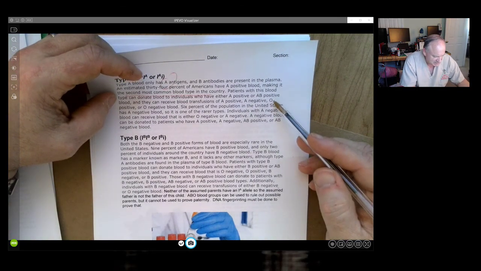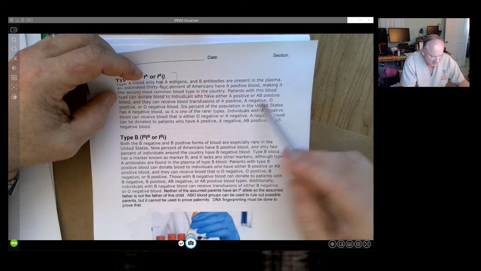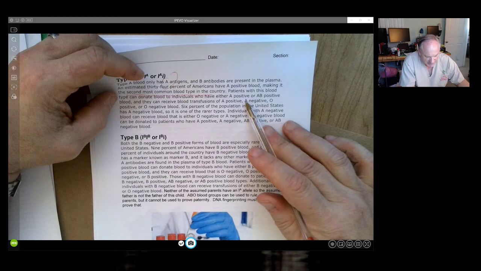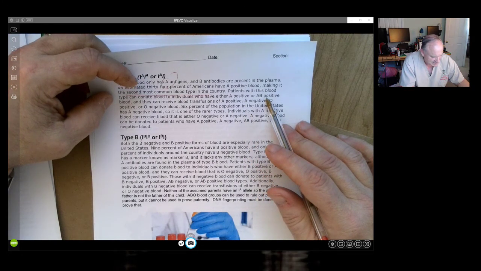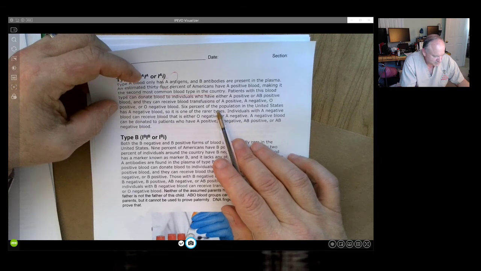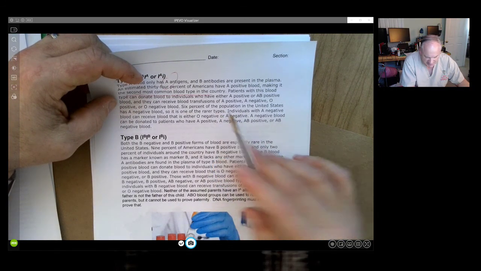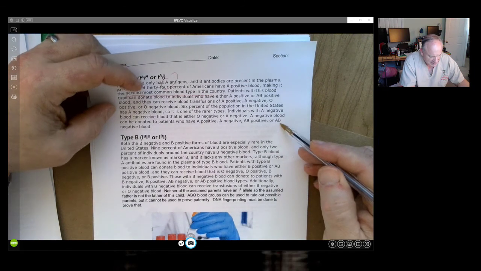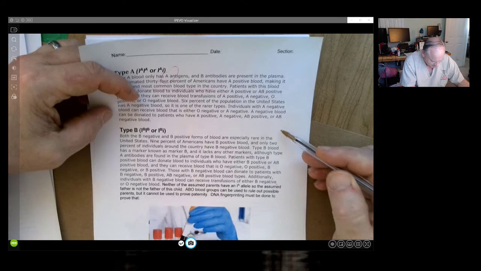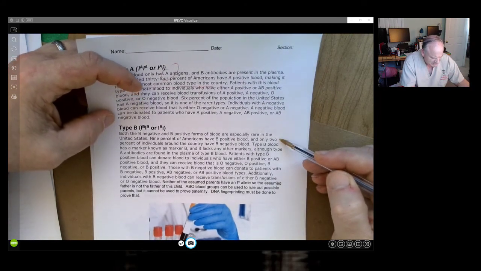Patients with this blood can donate to individuals who have either A positive or AB positive, so we can give to the AB positive folks. O positive or O negative we can't give to, because obviously the O does not have the A, and that could be dangerous for that person.